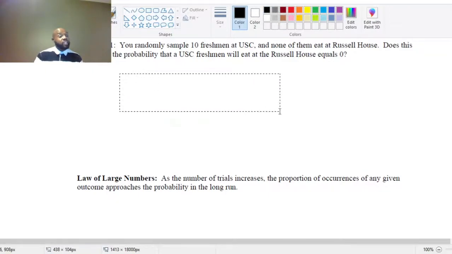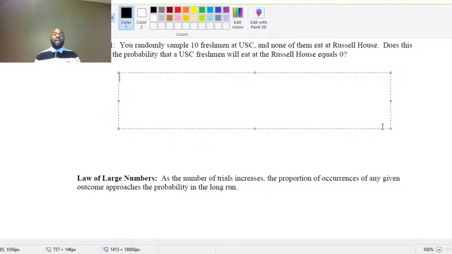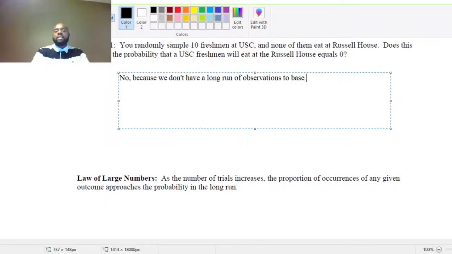Now, in your experiment, the probability that you select those individuals and you get 0 out of 10 that eat at the Russell House, that's that probability. But we can't say that about the greater population. So we're going to say no because we don't have a long run of observations to base the probability on.